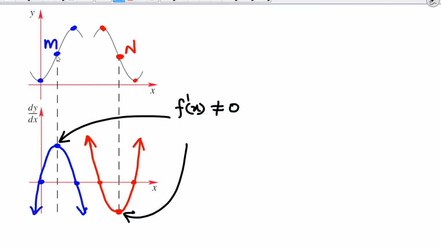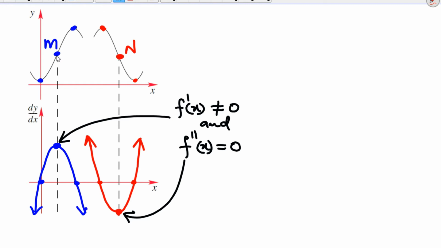But the slope of the slope, or the slope of the first derivative, is 0, because the gradient of the gradient is 0 at point M and N. What I mean is at this point here and at this point here.